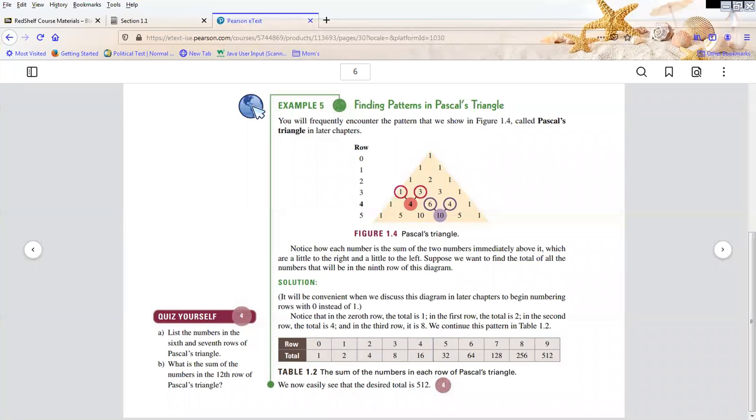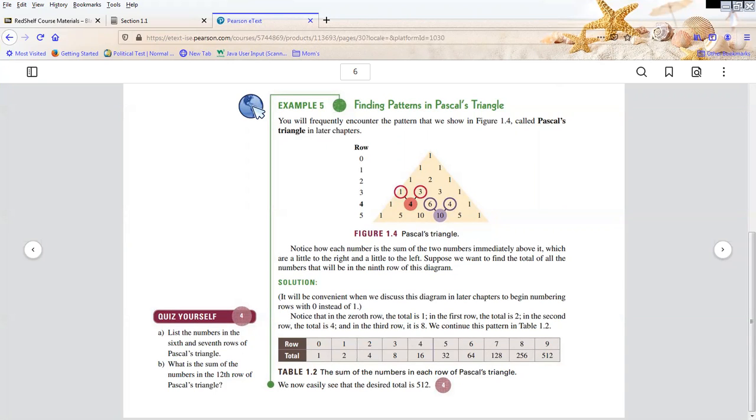All right, and Quiz Yourself question number 4. We're going to list the numbers in the 6th and the 7th rows of the Pascal's triangle. So looking at Pascal's triangle in figure 1.4, you can see how to build it. If you take the 2 numbers above and sum, that's your value.